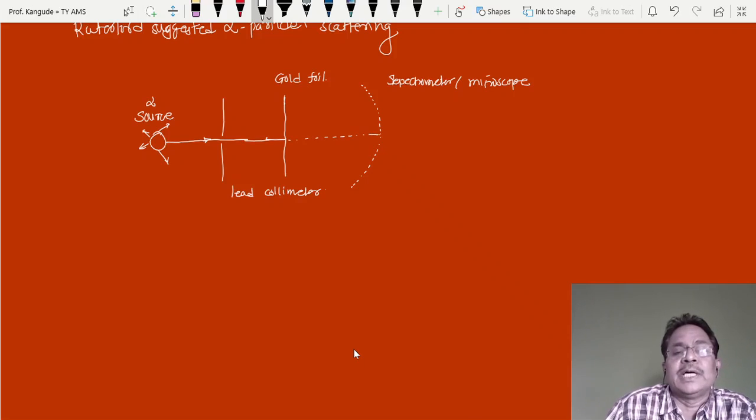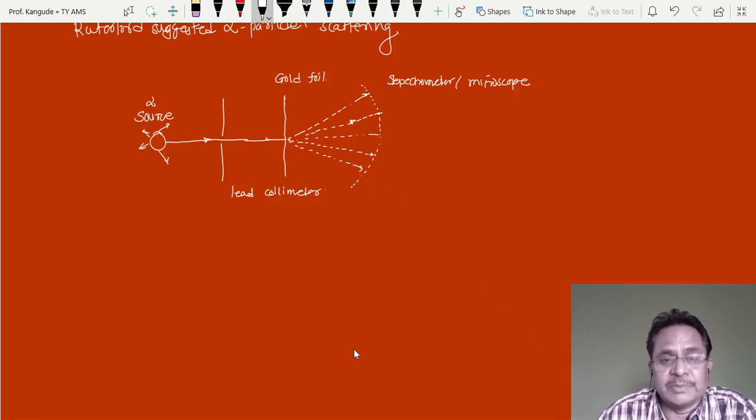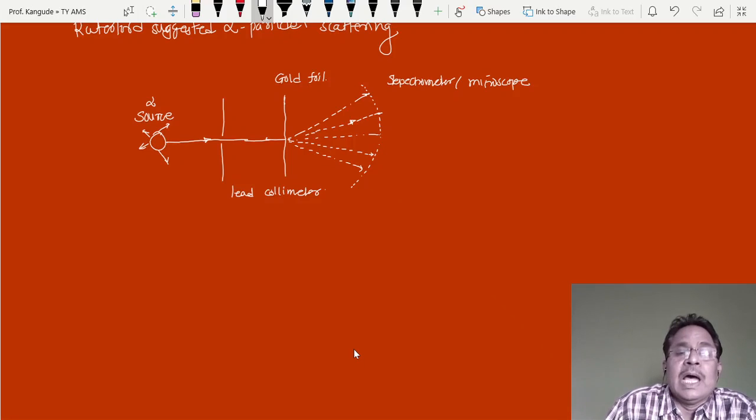Some alpha particles strike directly, some get deflected like this, some like this, and some are getting reflected back. Not reflection, I'm saying deflection: alpha particles are changing their path, and some of the alpha particles are found to be exactly reflected back.